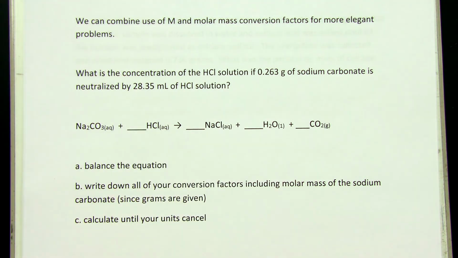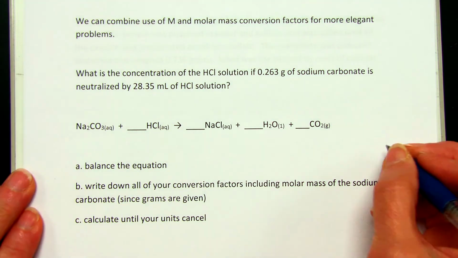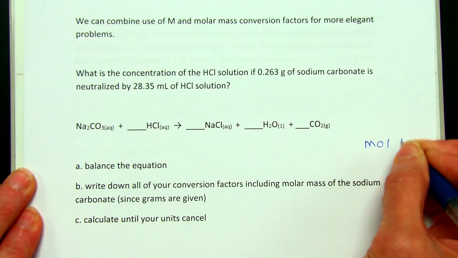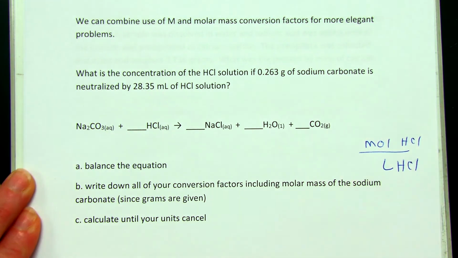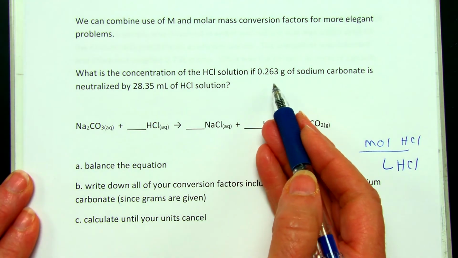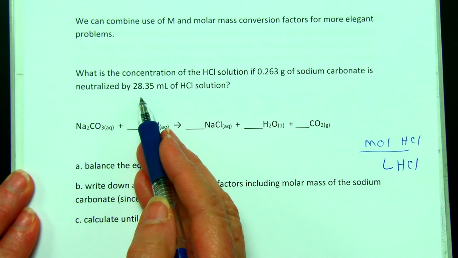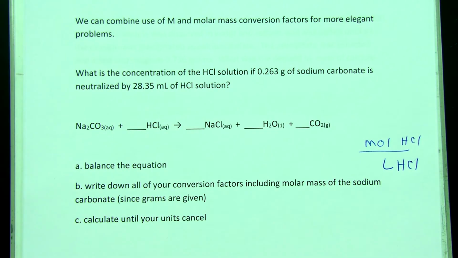So let's look at this one. What is the concentration of the HCl solution? So I want my answer in moles of HCl per liter of HCl, if I have 0.263 grams of sodium carbonate neutralized by 28.35 milliliters of HCl solution.